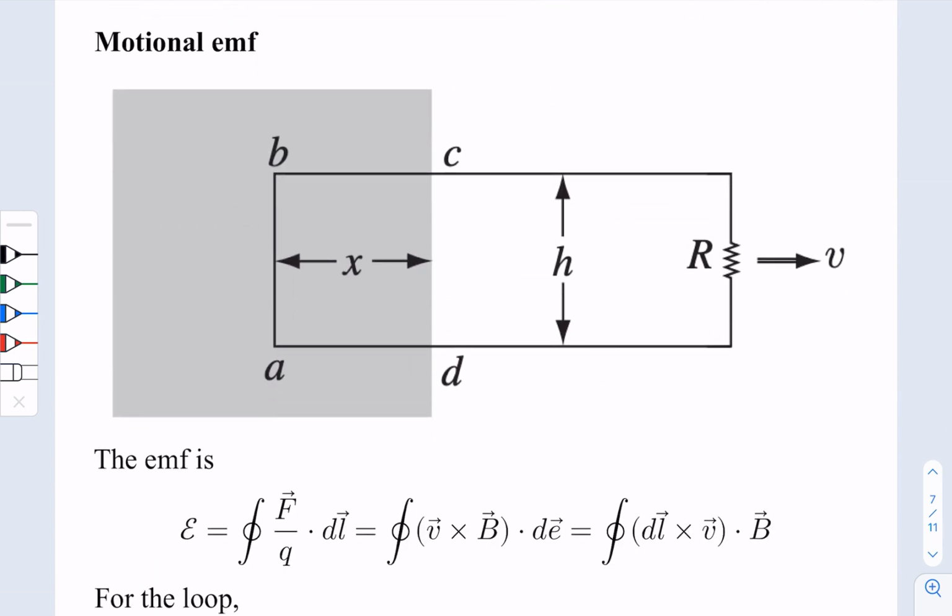Okay, next we will discuss the motional EMF. In the previous sessions we talked about the EMF built up by, say, a battery, but we can also have other sources of EMF.